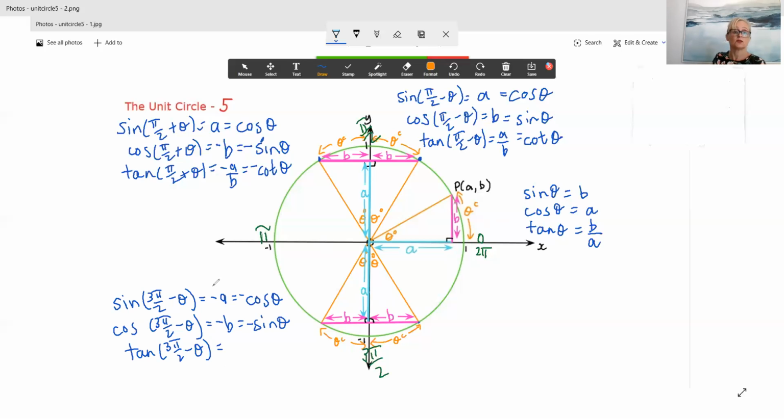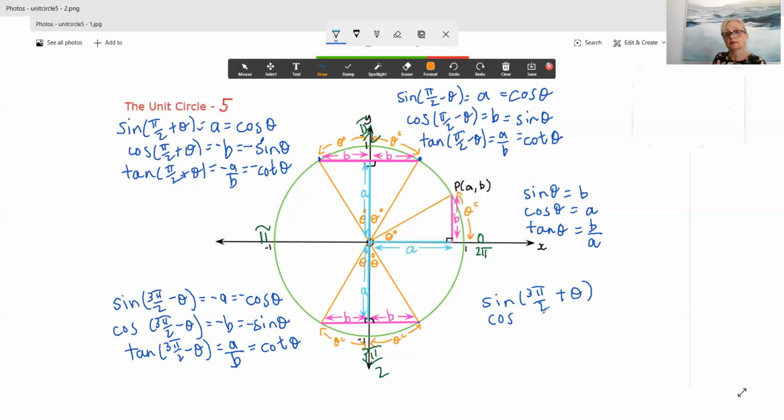Tan is your sine divided by your cos, which will give you a positive a on b, which is positive cot of theta. All right, the reciprocal of tan is cotan. And this point here we'd refer to as 3 pi on 2 plus theta. So let's have a look at what happens there.